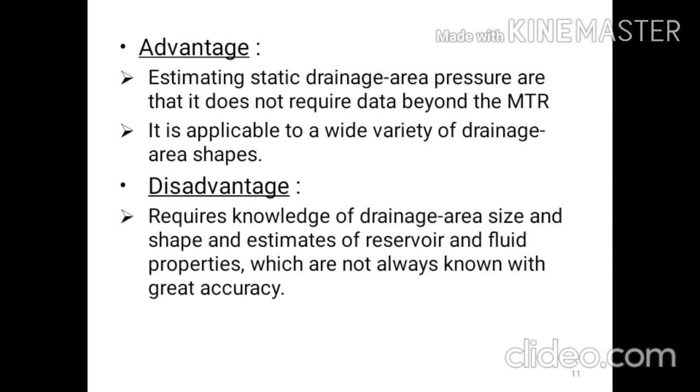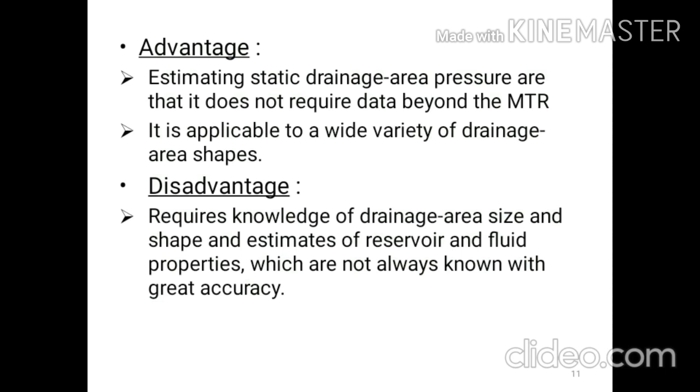The first advantage is estimating the static drainage area pressure, which doesn't require data beyond the MTR. Estimating static drainage area pressure means average reservoir pressure. It is applicable to a wide variety of drainage area shapes. The disadvantage is that it requires knowledge of drainage area size and shape and estimates of fluid and reservoir properties, which are not always accurate.